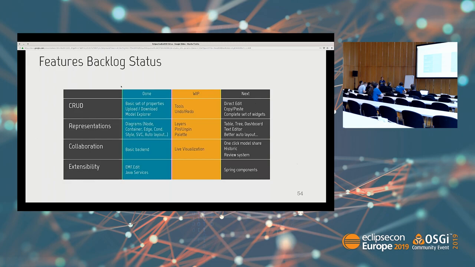What we will do also for representations: today we focused on diagrams, but you can already create nodes, containers, edges. We support conditional styles, we support SVG, and we provide an auto layout. We're working on supporting layers. This is already launched, the pin and unpin capability.